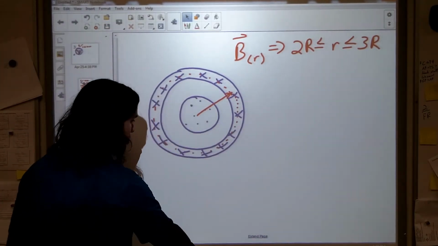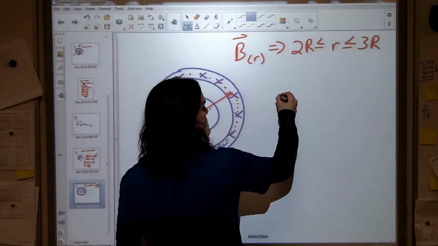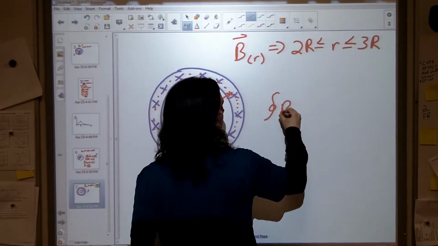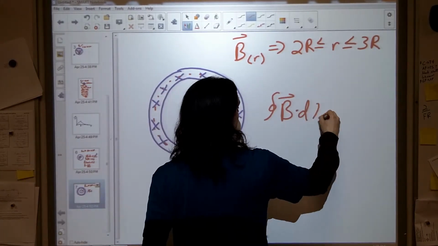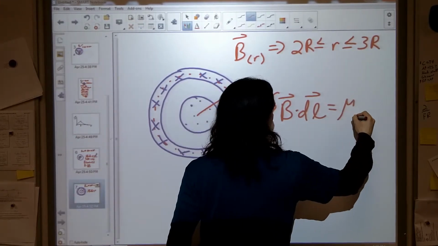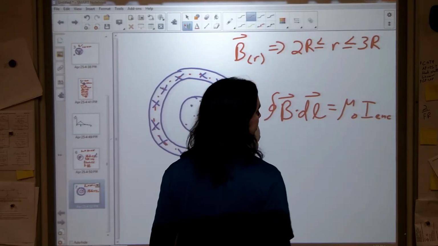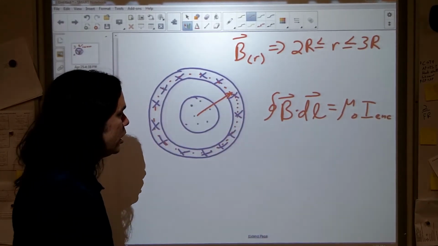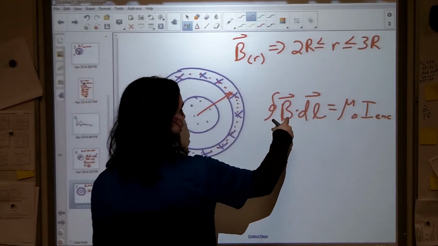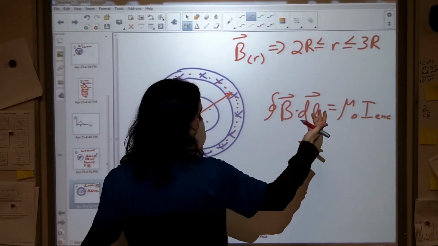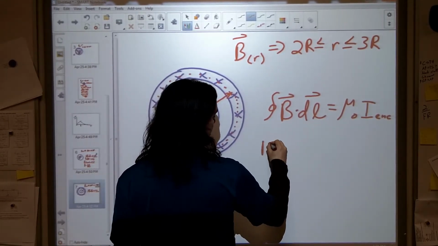So here we go. For our Amperian loop, we're going to apply the integral of B dot dl equals mu naught times I enclosed. The hardest part is dealing with that I enclosed. The magnetic field is going to be constant, and dl is going to integrate to this, so I'm going to fill this in.